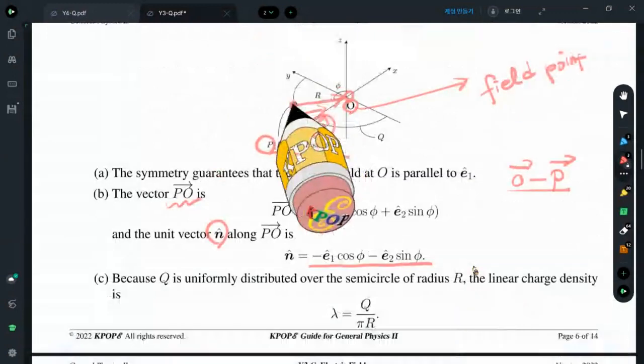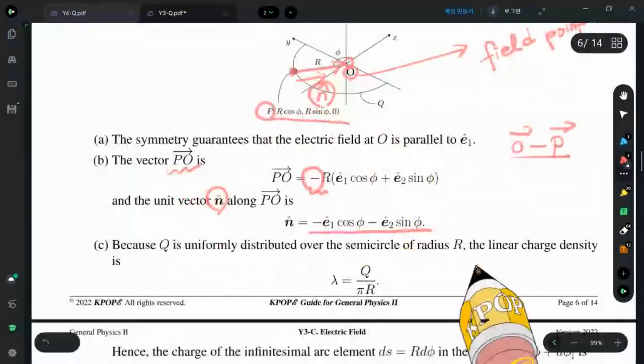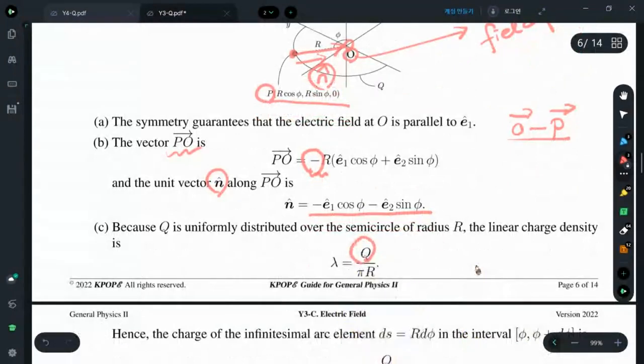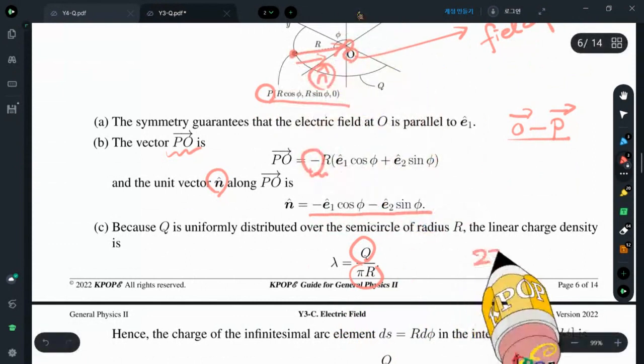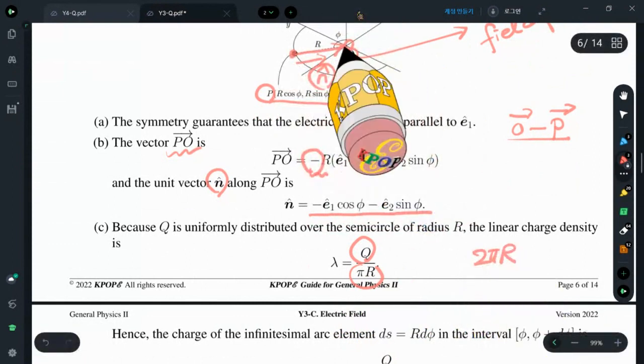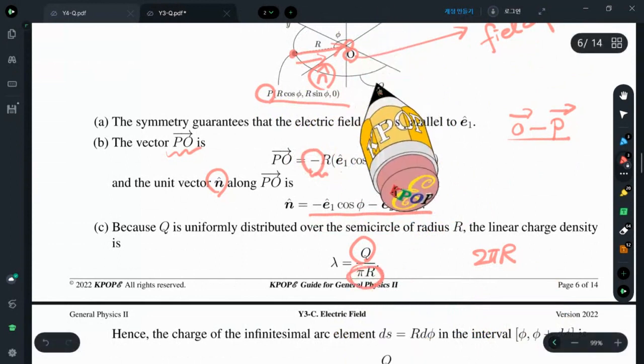The uniform charge density of this charge is the net charge divided by the length. The circumference is 2 pi r, but this is a semicircle, so we divide by pi r.